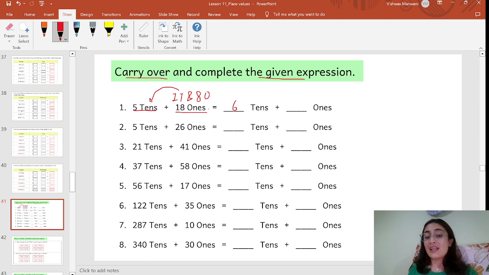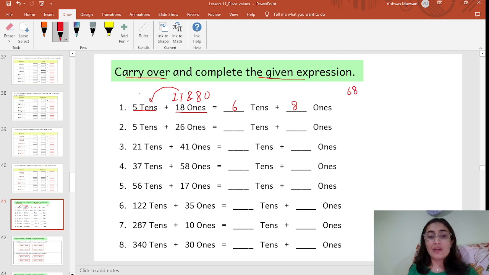And what is my remaining number of ones? Because 10 ones I have already shifted to tens. So what will be my remaining number of ones? 8 ones. Very good. Now you can see here that these are just two ways of writing a same number. Both the ways would give me the same number only. 6 tens plus 8 ones would give me the number as 68.